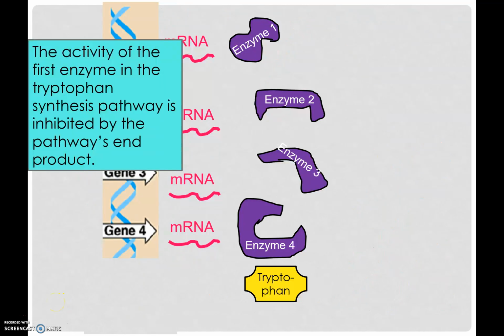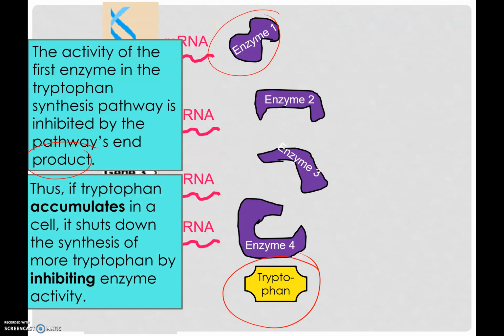Okay, so let me erase some of these lines for you. So the activity of the first enzyme in the tryptophan synthesis pathway is inhibited by the pathway's end product. In this case, the end product is tryptophan. So this enzyme is going to get inhibited by tryptophan.